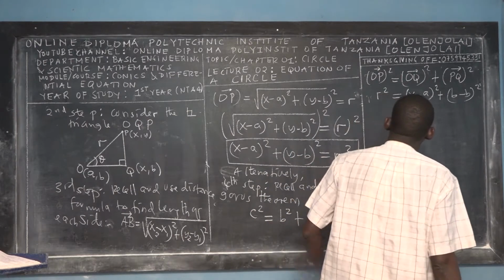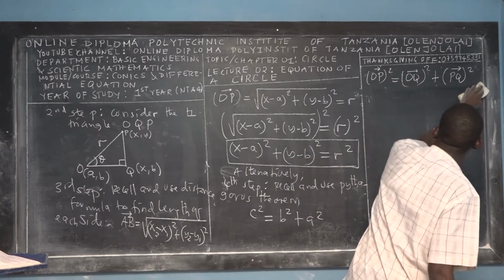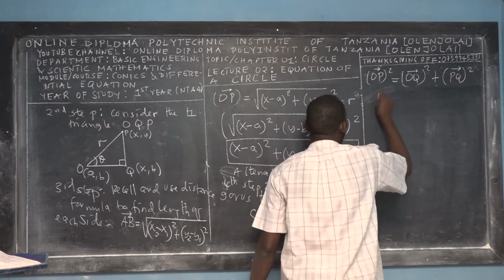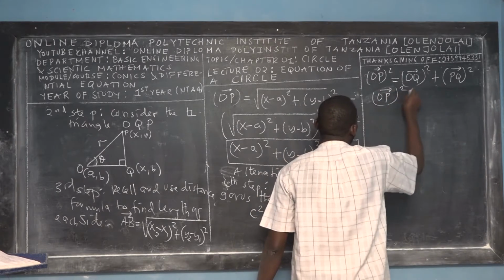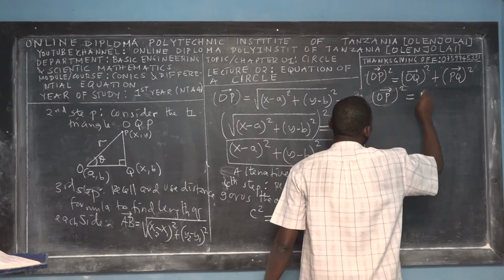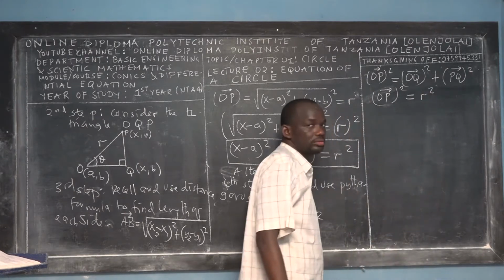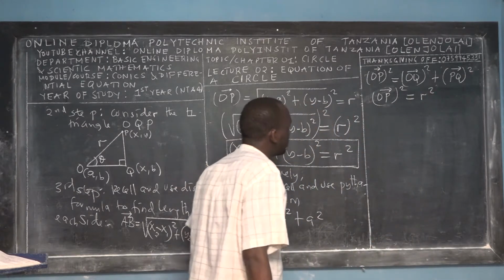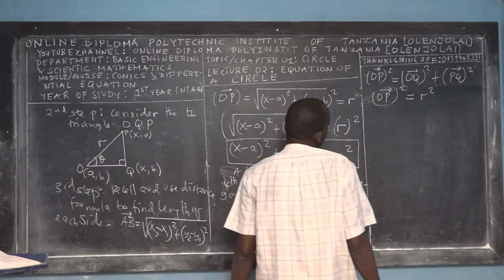Or in simple words, just to simplify life, we can say that OP squared is equal to r squared. Okay, fine.